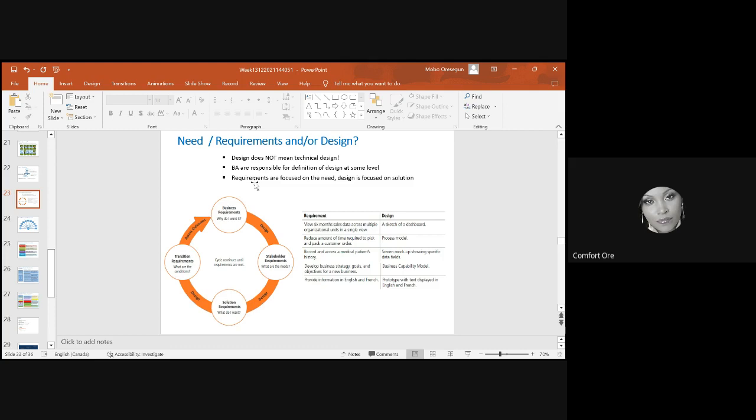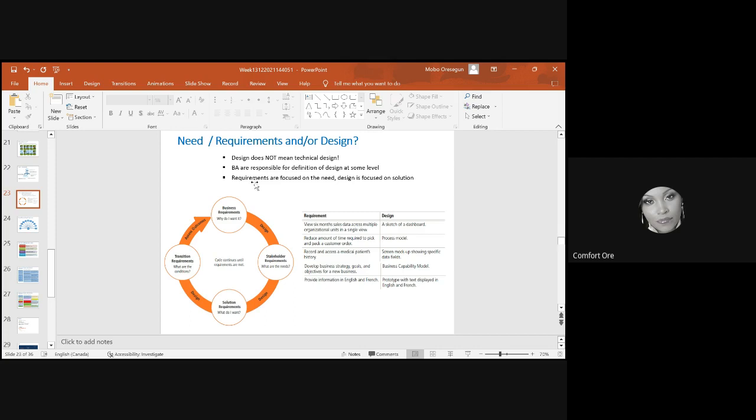So we're saying that reference to requirements is focused on the problem, is focused on the issue, is focused on an existing opportunity that we'd probably be interested in leveraging. And the design is usually focused on the solution.